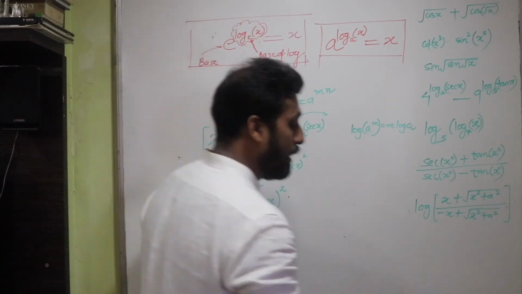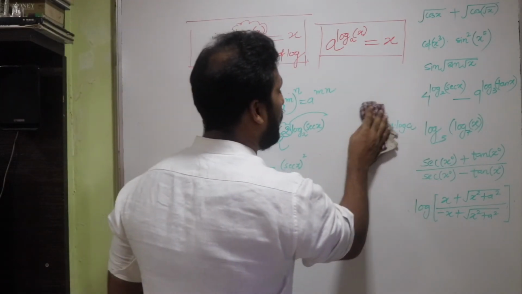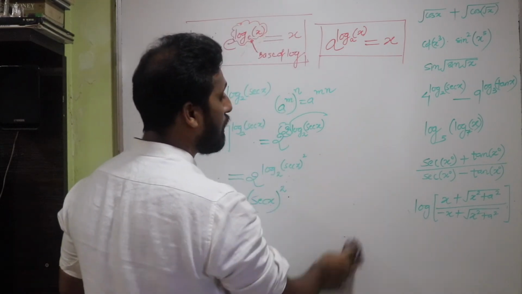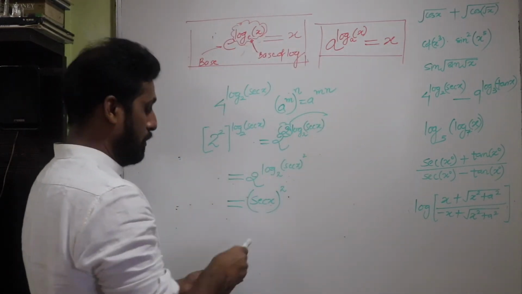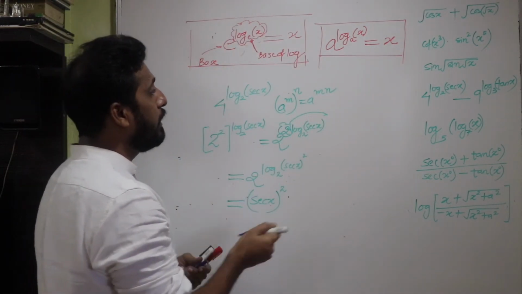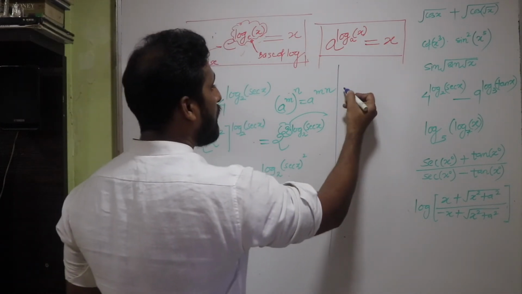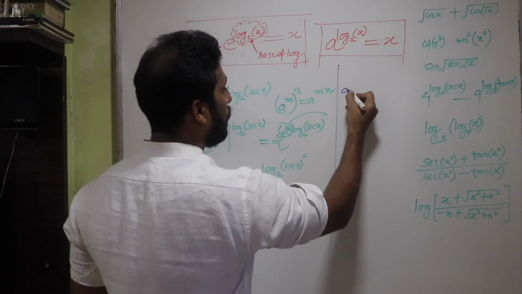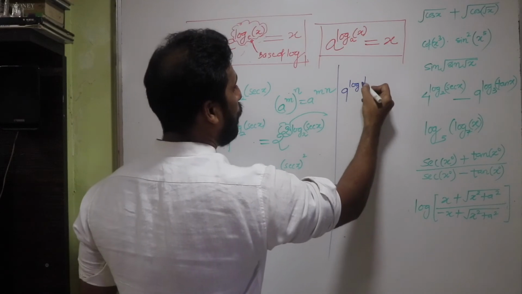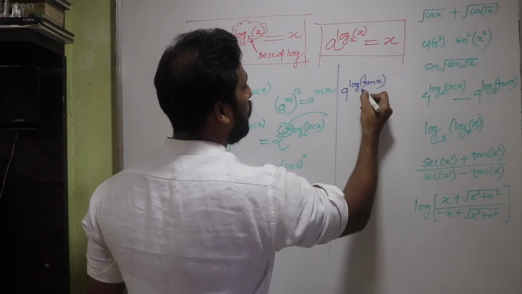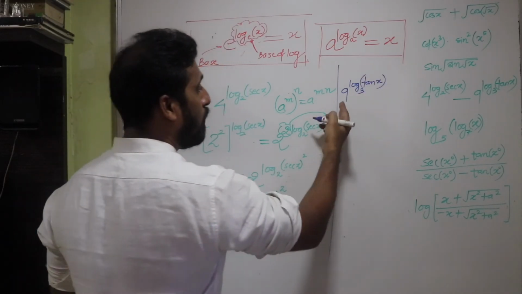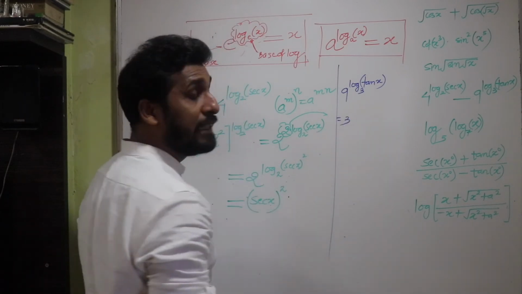Now what I'm going to do here is I'm going to erase again some part from here and let us write for the other term, which is 9 raised to log of tan x to the base 3. Again, if you observe 9, can it be written as 3 square?